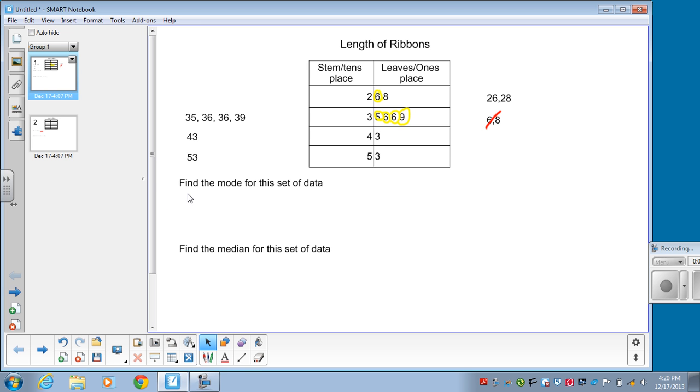It says, find the mode of the set of data. Boys and girls, can you remind me what mode means? If you said most, you're correct. Mode means most.